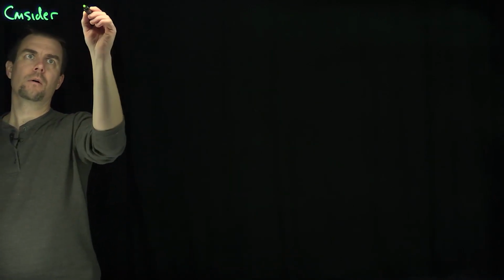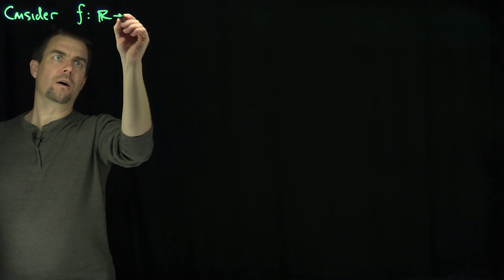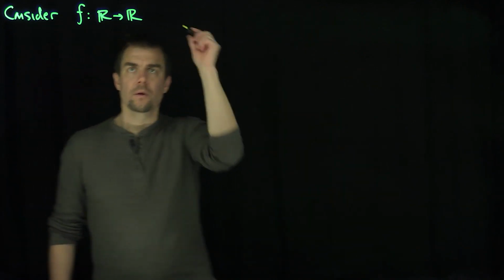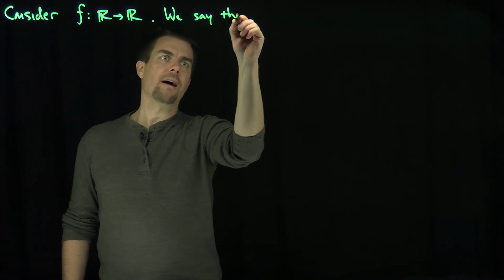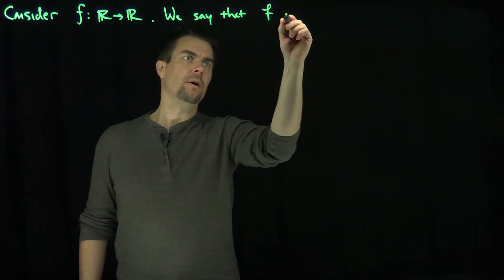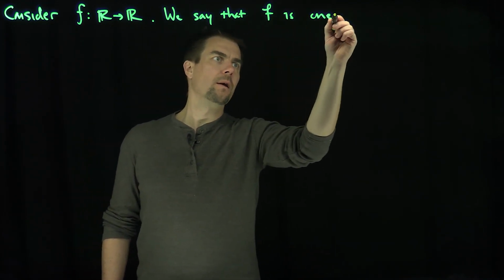Hello students, in this video we'll discuss inverse functions of functions of a real variable. We consider a function f which maps R into R. We say that f is 1-to-1.